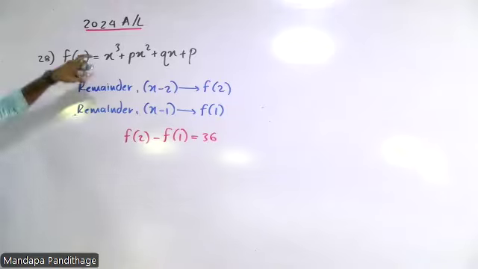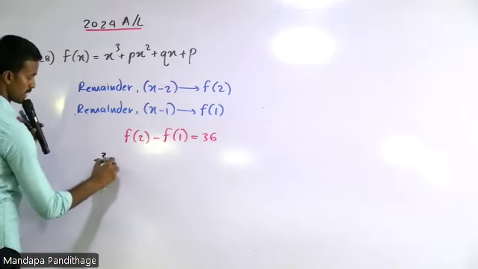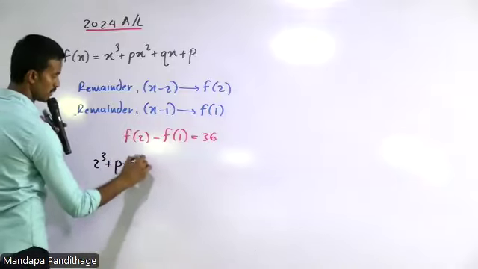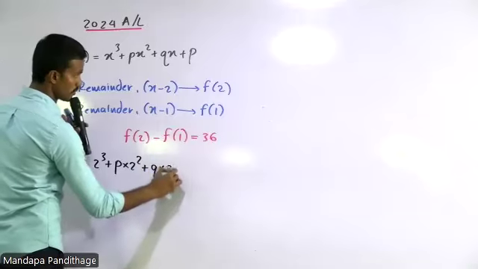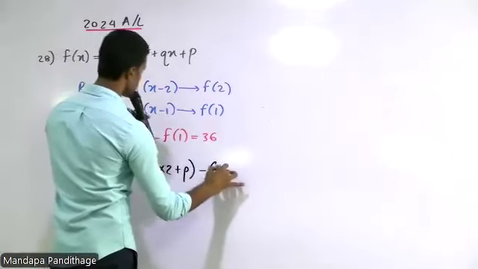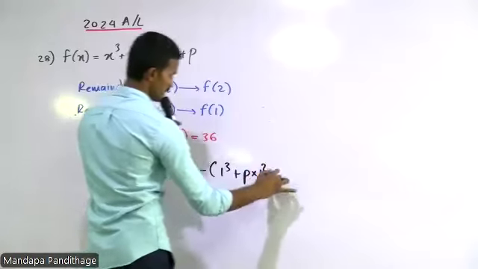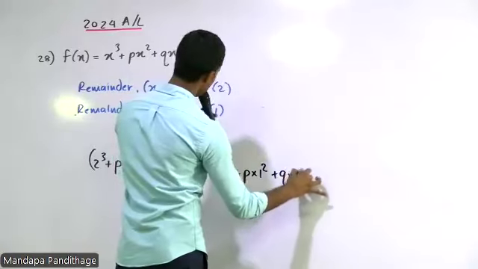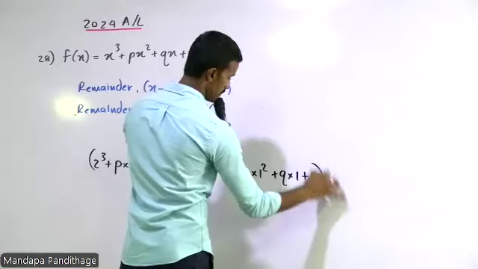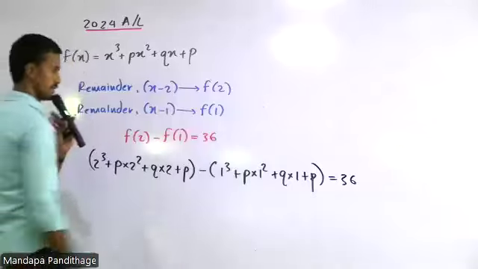And now write what is f(2)? 2 cubed plus p into 2 squared, plus q into 2, plus p, minus 1 cubed, plus p into 1, plus q into 1, plus p is equal to 36.